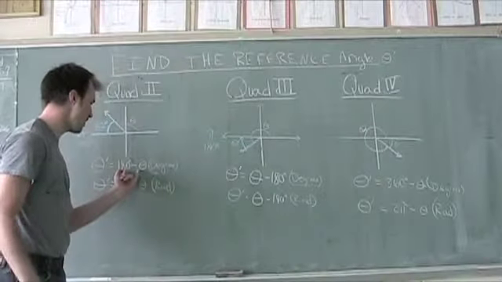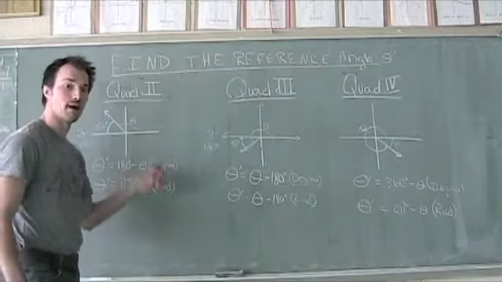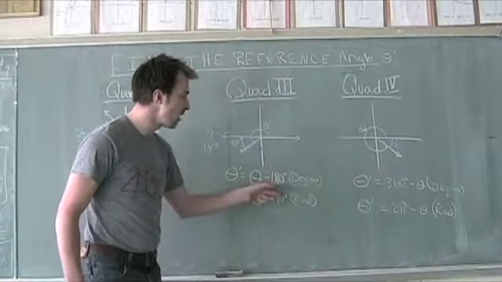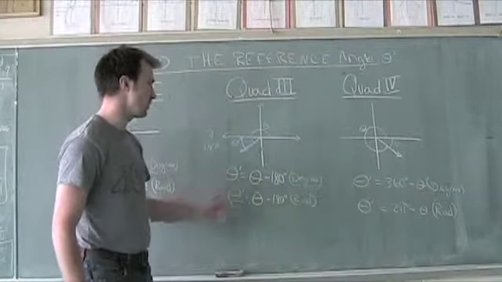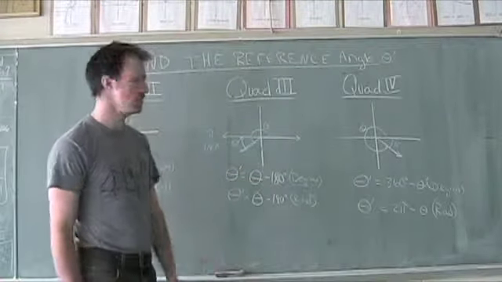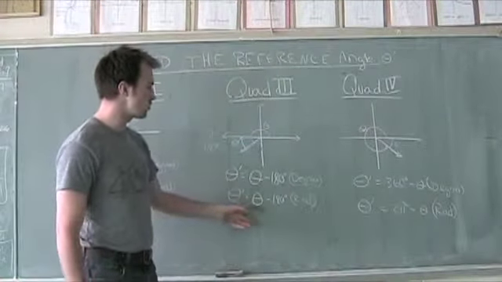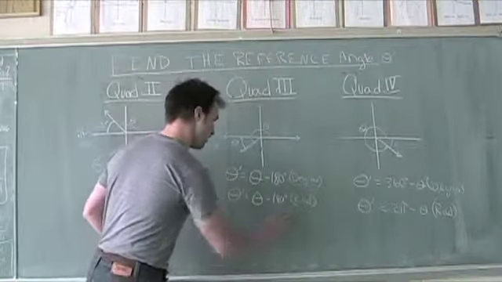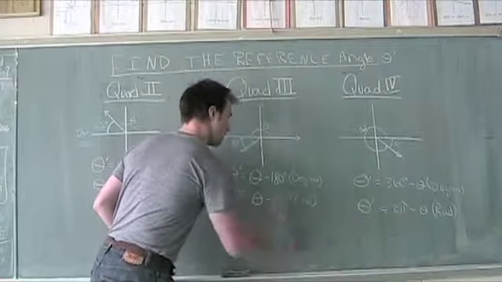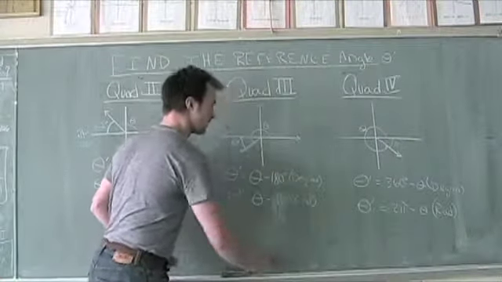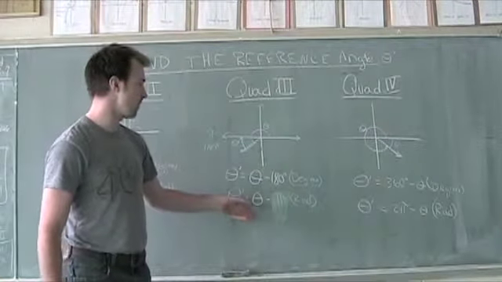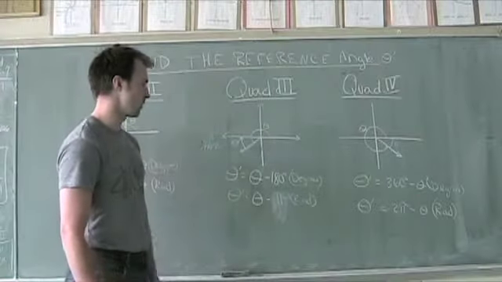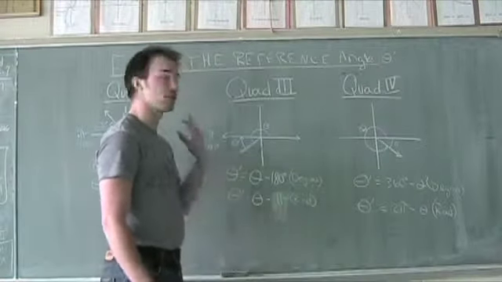We've gone from 180 degrees minus theta, flipped it around so that it's now theta minus 180 degrees equals theta prime, if we're in degrees. And theta prime is equal to theta minus pi in radians. So that's quadrant number 3.